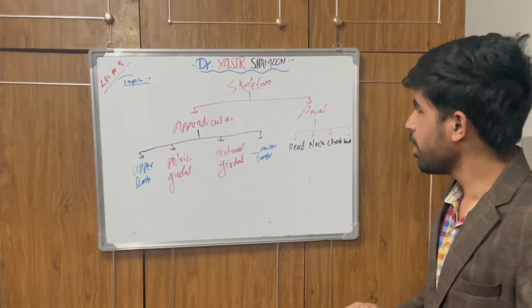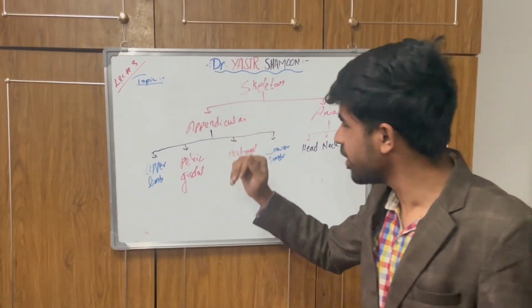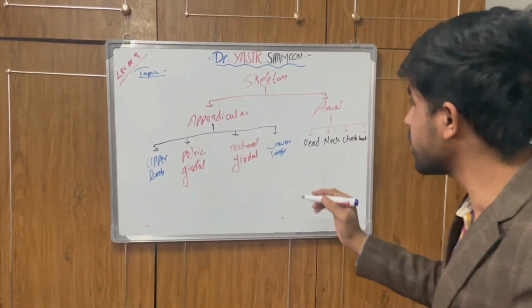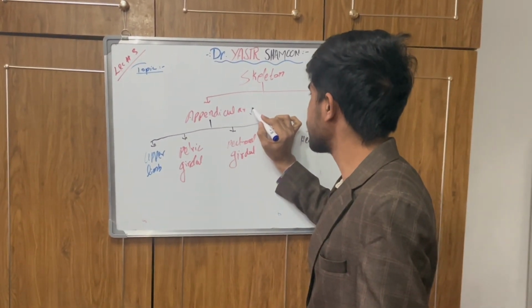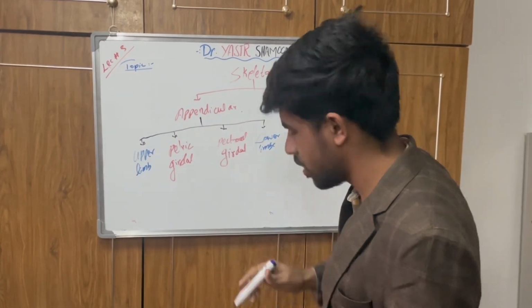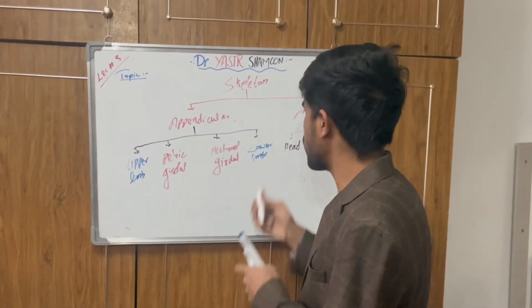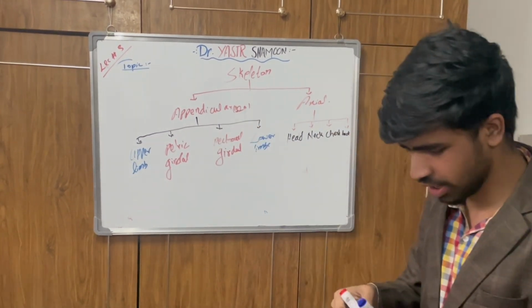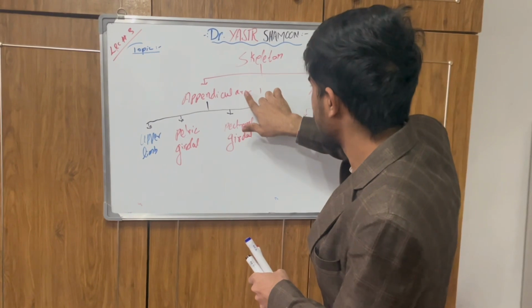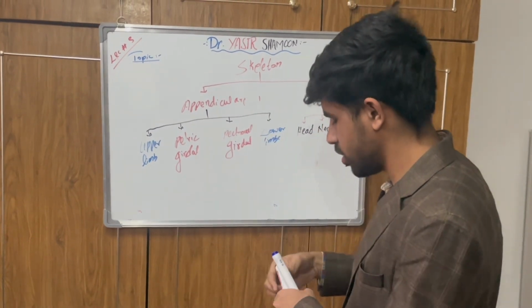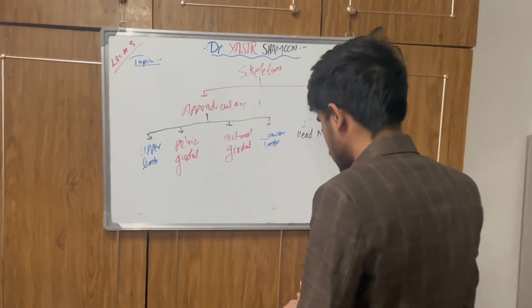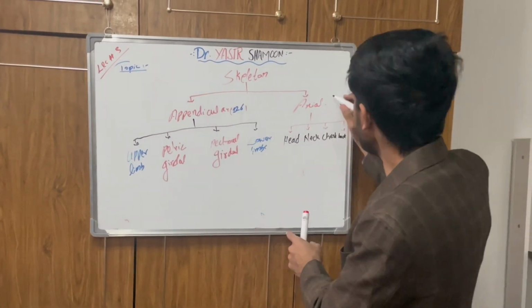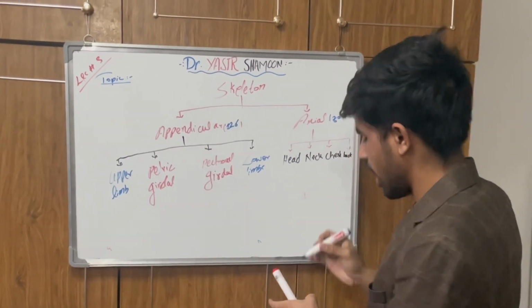One thing to remember: how many bones exist in the appendicular skeleton and how many in the axial skeleton. Basically, 126 bones are present in the appendicular skeleton, 126 bones. And 80 bones are included in the axial skeleton.